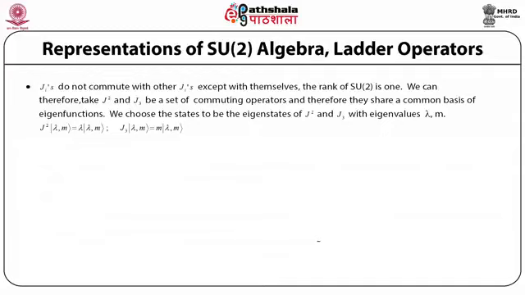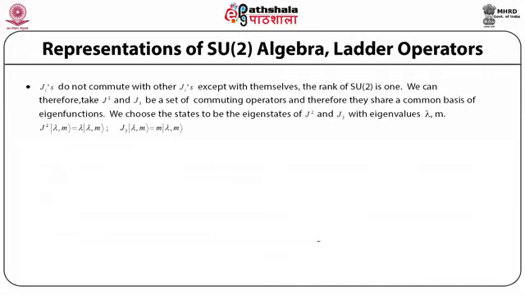The rank of this Lie group SU(2) is 1, because there is only one operator, J², which commutes with all the generators. We can therefore take J² and J3 as a set of commuting operators, and since they are a set of commuting operators, they share a common basis of eigenfunctions. We choose the state to be the eigenstate of J² and J3 with the eigenvalues lambda and m.